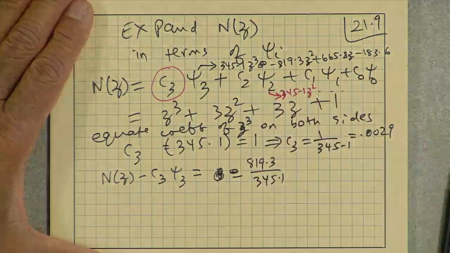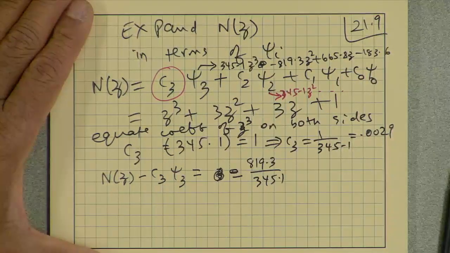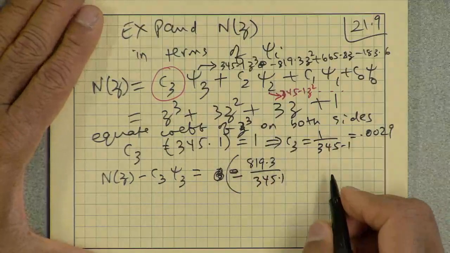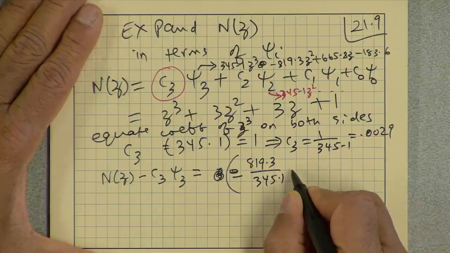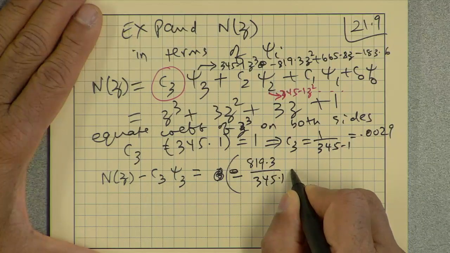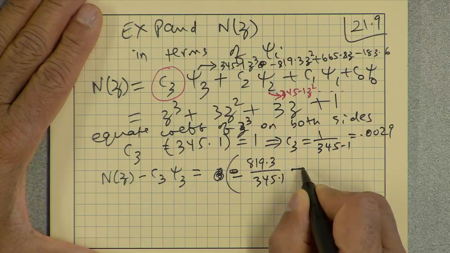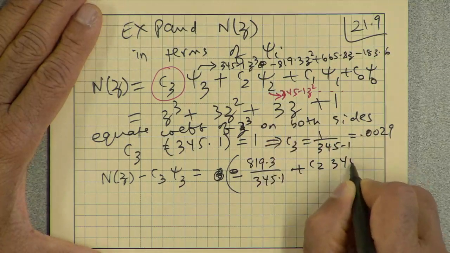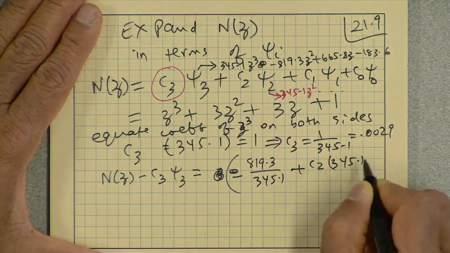I'm not writing down the other quantities. So the coefficient of z squared is going to be this quantity plus C2 times 345.1.